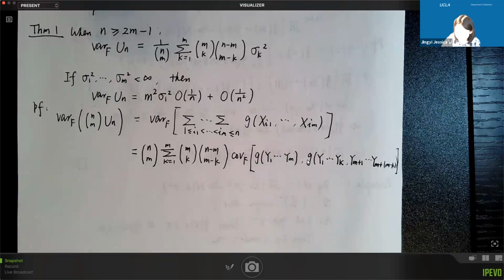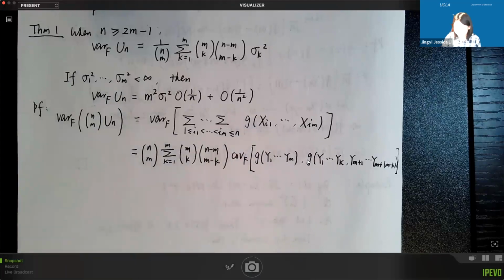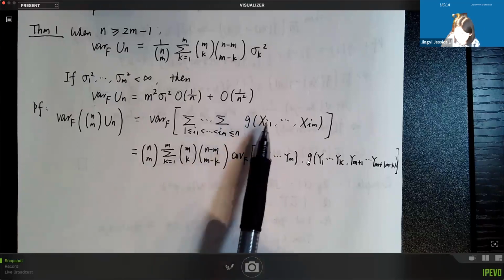And how many possible covariances do I have here? It will be the pairwise covariance and the variance of each individual term.